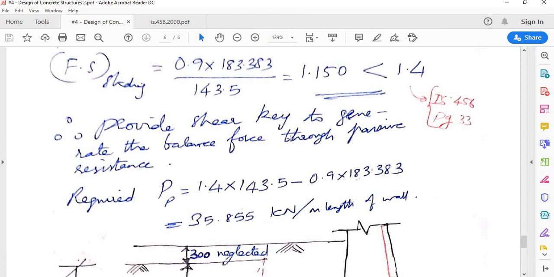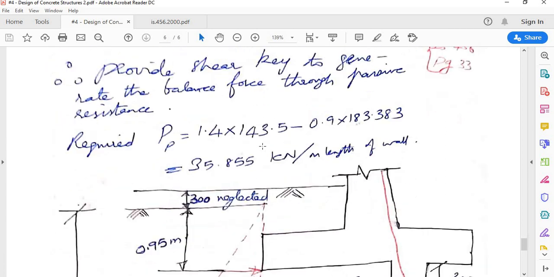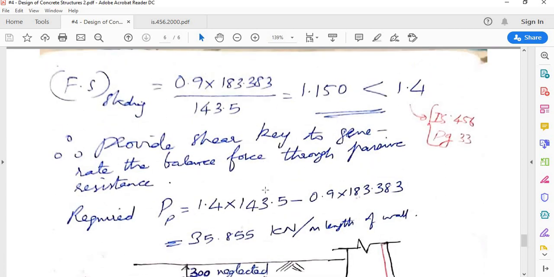So here also we are providing a shear key. What is the proportioning of the shear key? Well, we want to achieve a factor of safety of 1.4. So what you do is you equate this equation to 1.4. The increased resistance required is 1.4 into 143.5 minus this much.